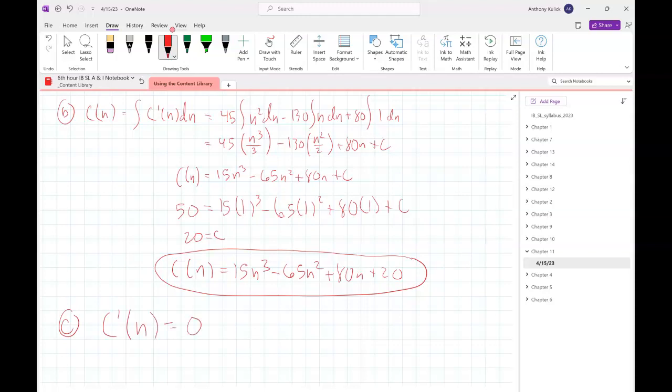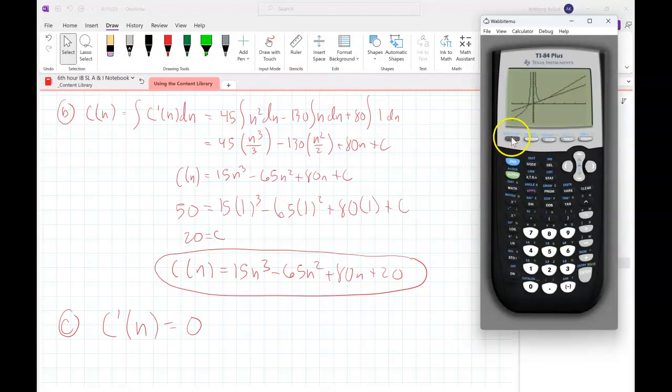So to solve for that, I can graph this. So if I graph my derivative, that was 45n squared minus 130n plus 40. And this didn't give me a range here.